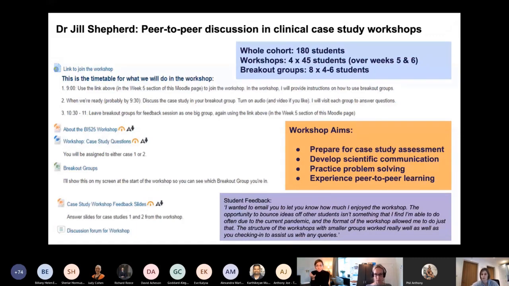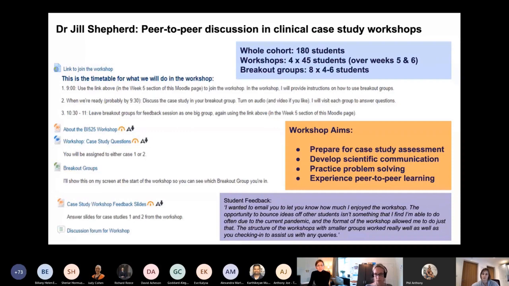Now, there's a bit of logistics involved, but with some help from the admin team in biosciences, that's easily dealt with. Where you see the text on the left-hand side of the screen, that is showing what it looks like on Moodle for the workshop week. I give the students a heads up about it in the previous week's synchronous session. We do a synchronous learning session every week for an hour, and I talk to them about it as well.